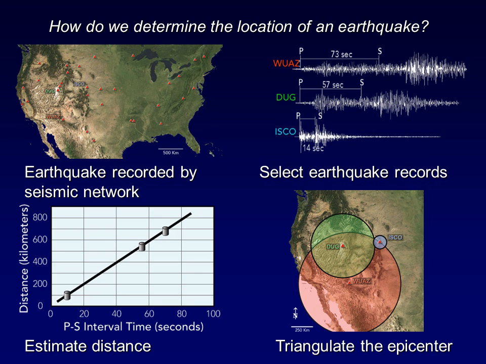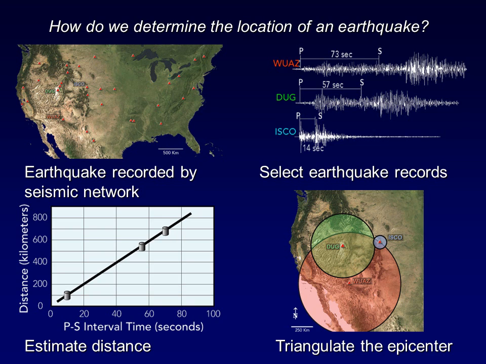It was 73 seconds, so we find 73 seconds on our chart and carry that up and over to the left, and that's roughly around 700 kilometers. So we have this even larger red circle around WUAZ because it could have happened anywhere within that red circle.